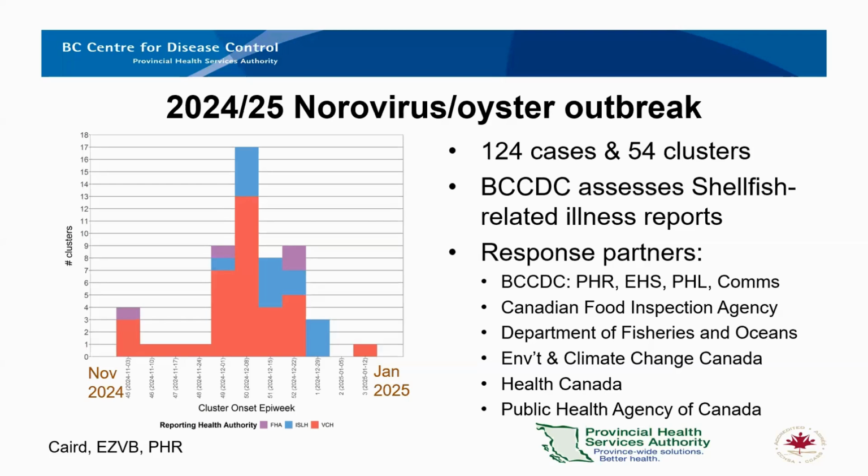We received these reports from our regional health authorities here at BCCDC, and we assess them. We look for things like, are there any alternate causes of illness? Was a restaurant inspection done? Was there a sick food handler there when the people were dining, and was there somebody else sick at home that could have potentially passed that illness to the case?